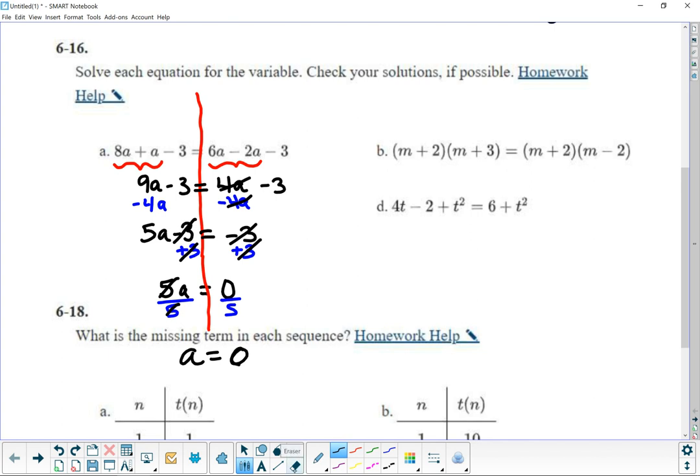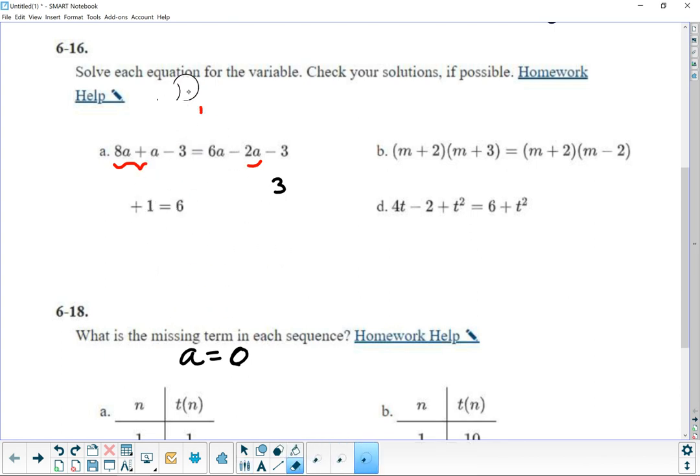If you need to pause it or stop it for a second, stop it right now because I'm going to erase it. Okay, now to check it, I just have to put in 0 for a. So if a is 0, I put 0 right here, right here, and right here, and do I get the same answer? Does it work out?